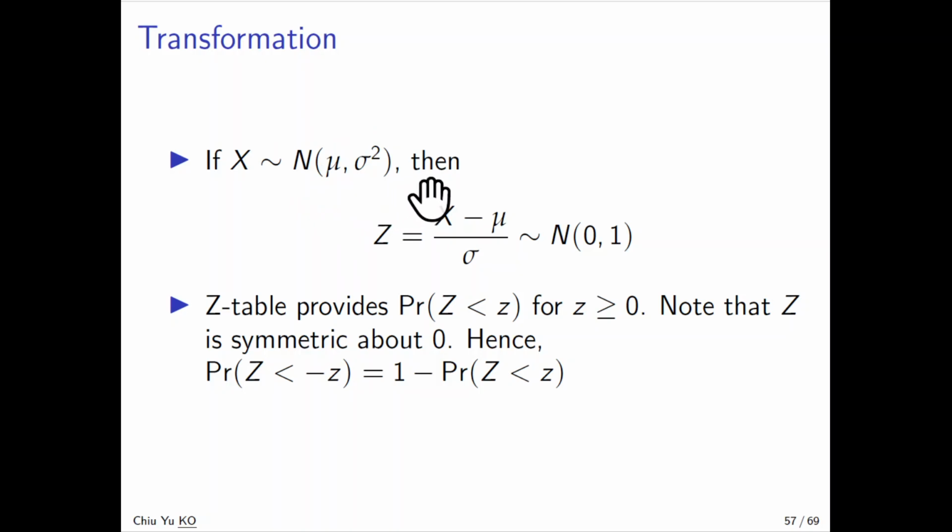The answer is no, because as we have said, the standardized normal, which is X minus its mean and over its standard deviation, is equal to normal(0,1). So for this normal(0,1), we can find a table, we call it the Z table, that will provide us P(Z less than z), for only positive z. The reason is because Z is symmetric about 0, so the negative can be given by 1 minus this, which you can find from the Z table.